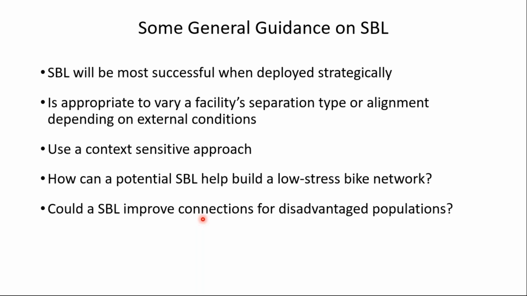Just some general guidance on separated bike lanes. I think they should be deployed strategically. Use a context-sensitive approach. You can vary the separation type or alignment depending on the specific conditions, and think about how a separated bike lane network or system could help build a low-stress bicycle network, as well as provide connections for disadvantaged populations.